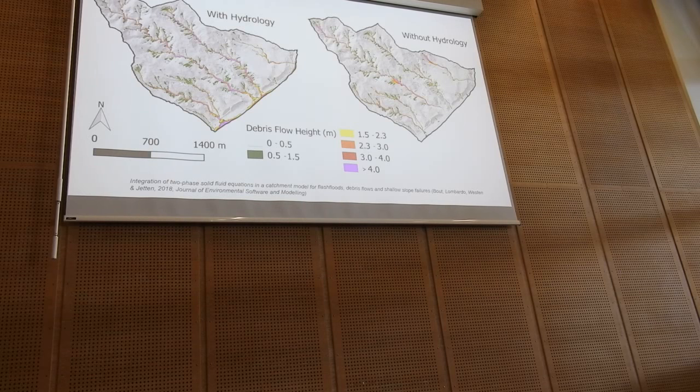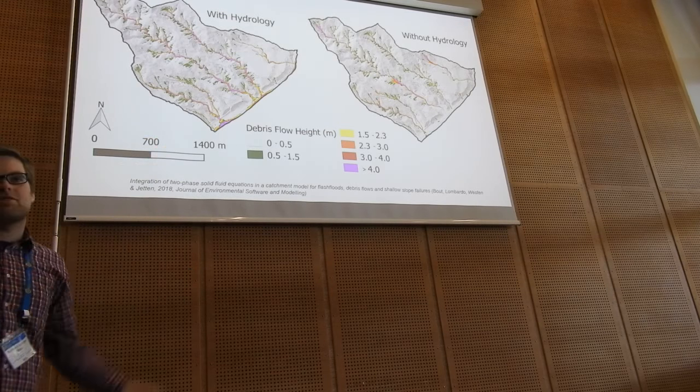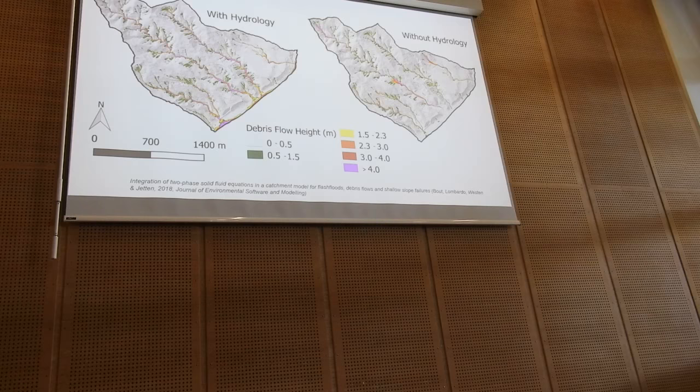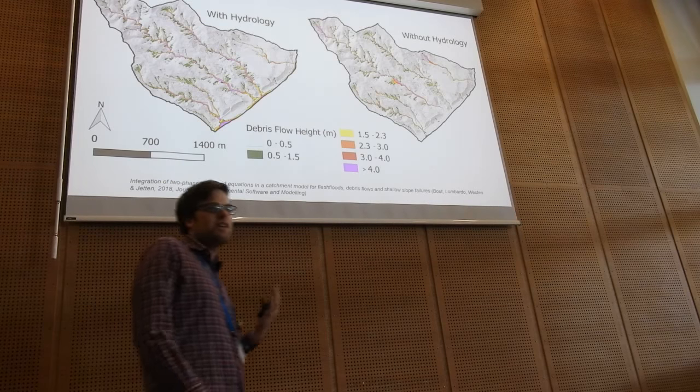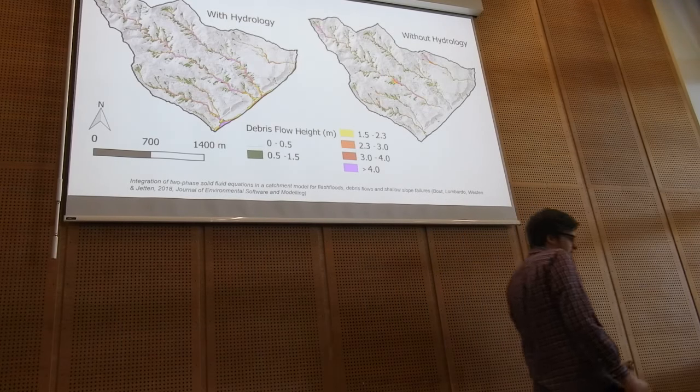So that's just the run out of the landslides. So you see the run out distance of the material is a lot more. And what we actually saw that in reality there was a huge fan of debris material near the coast. So this gave a good confirmation that indeed this multi-hazard type of modeling is important if you want to capture all aspects of such an event.